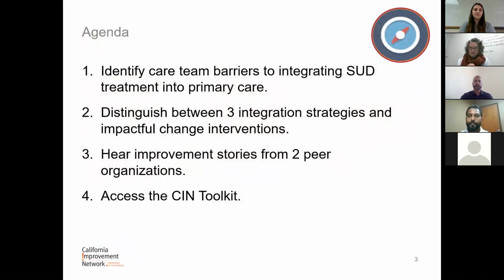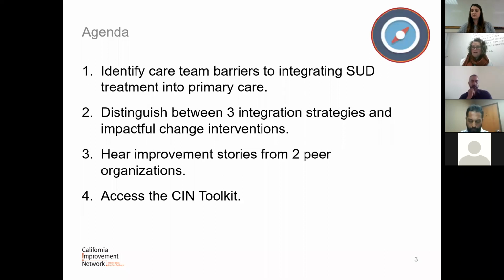Before we jump into hearing their stories, we're going to do a little bit of an overview of the toolkit and what came out of the interviews that we did with key informants throughout California, which is really how do we pinpoint what the care team barriers are. This came into focus in a bigger discussion from our behavioral health work group as we tackle behavioral health integration, we really want to focus in on substance use disorder, and within that there really wasn't a lot to address.